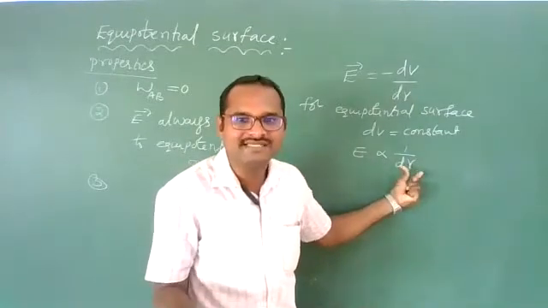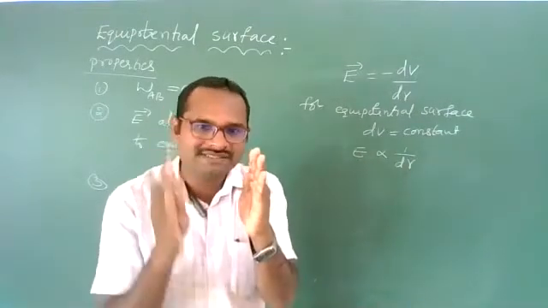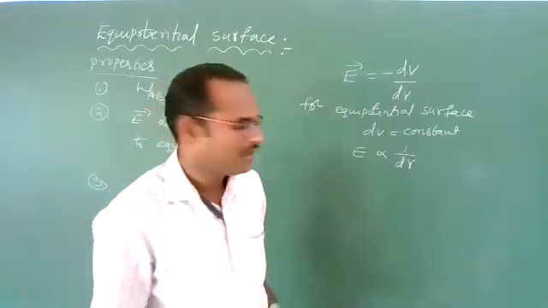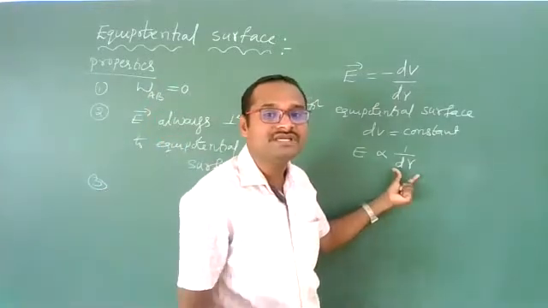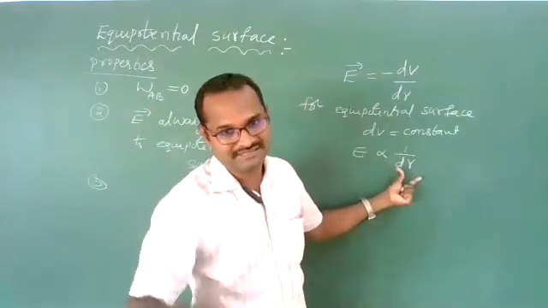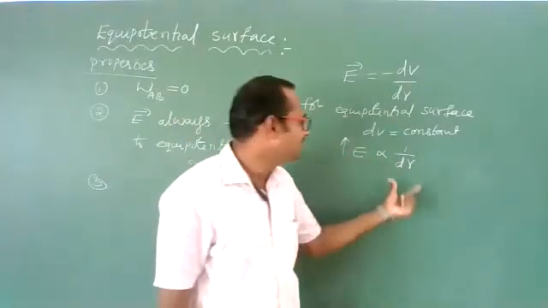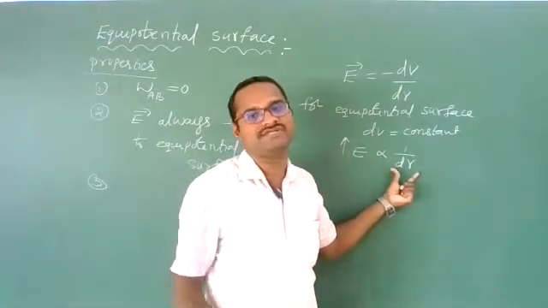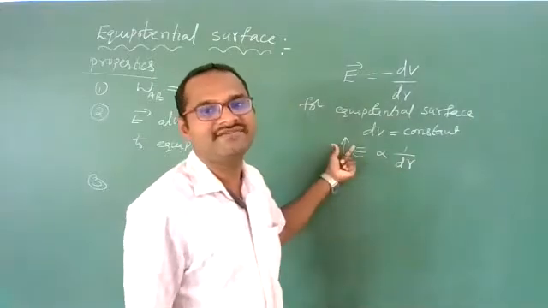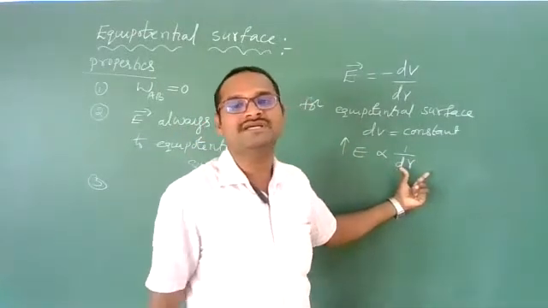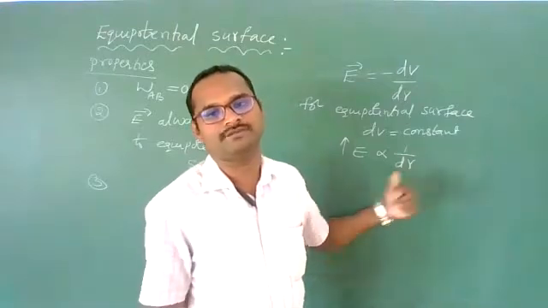What is dr? dr is the distance from one point to another point, means from one surface to another surface, the separation between the equipotential surfaces. If the electric field is more, the separation between the equipotential surfaces will be less. If the electric field is less, the separation, dr, between the equipotential surfaces will be more.